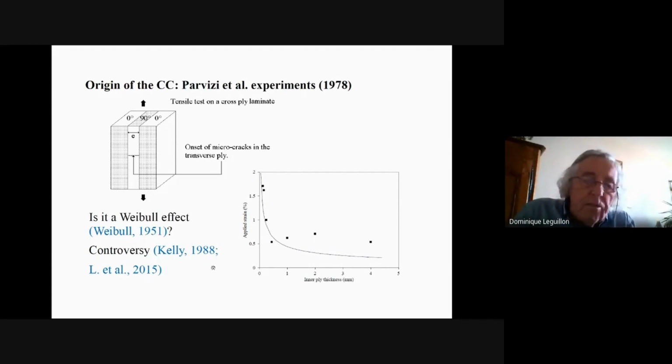Kelly gave a first answer in '88, and we propose to agree with everybody and say that both works are, in a way, complementary. But anyhow, you need to use an energy condition to describe this increase of the load when the inner layer becomes very thin.